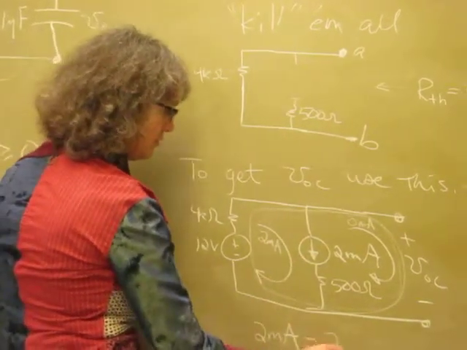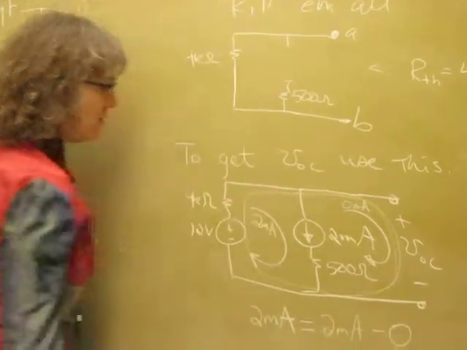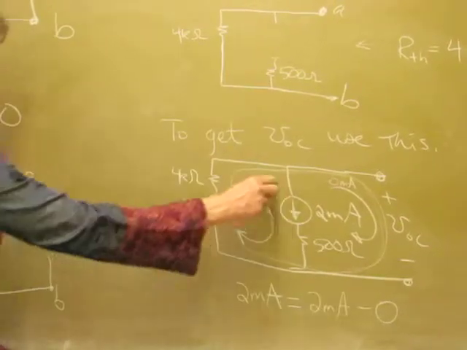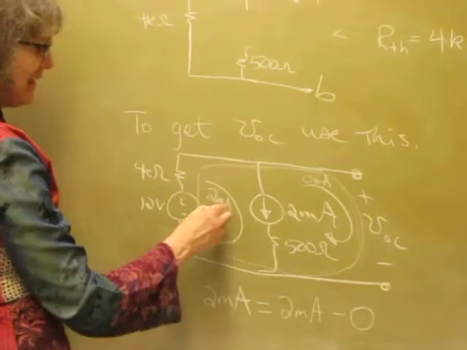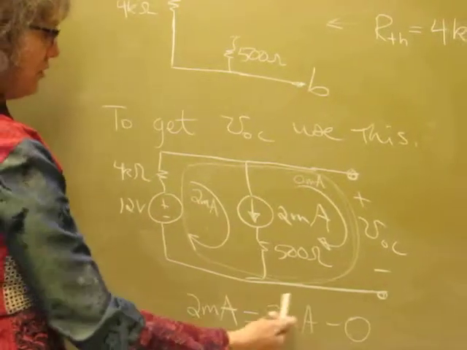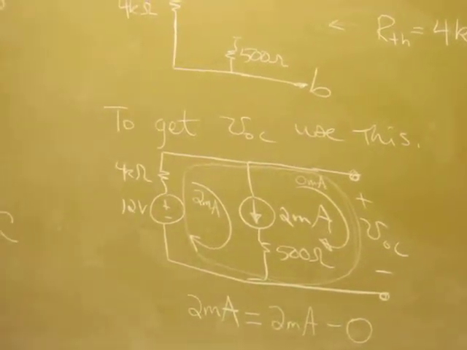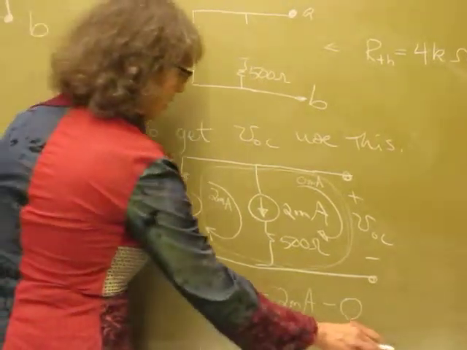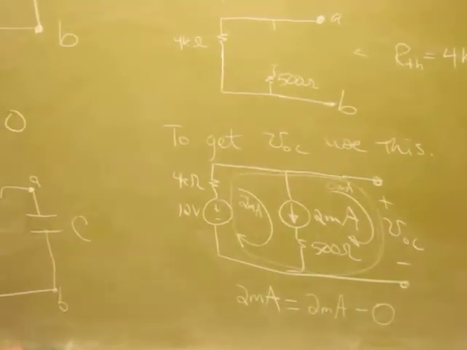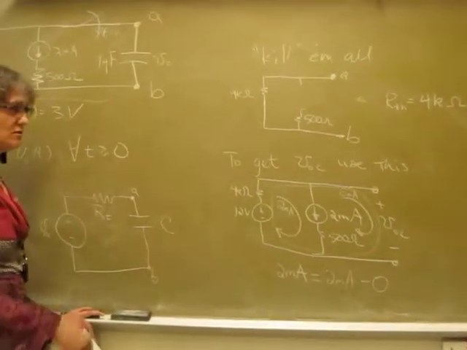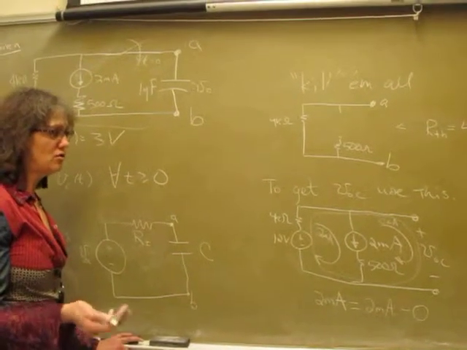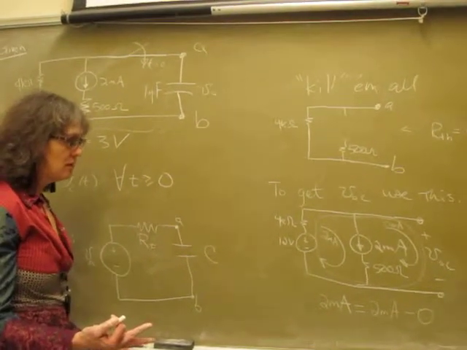This is going to be equal to 2 milliamps minus 0, right? 2 minus 0. But if I had labeled these I1 and I2, then it would have been another equation for me to actually solve for I1 and I2. Okay. And then the last thing in the mesh current analysis is to go ahead and apply Kirchhoff's voltage law.